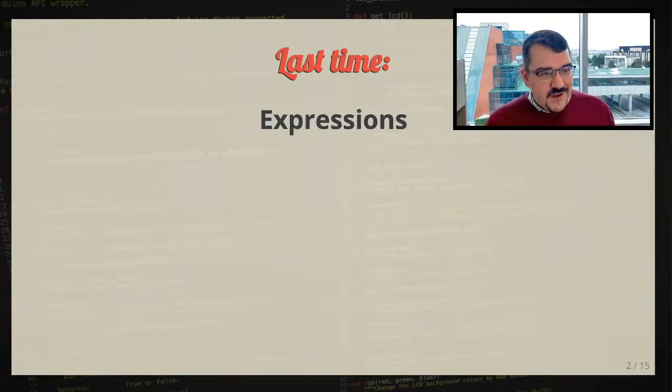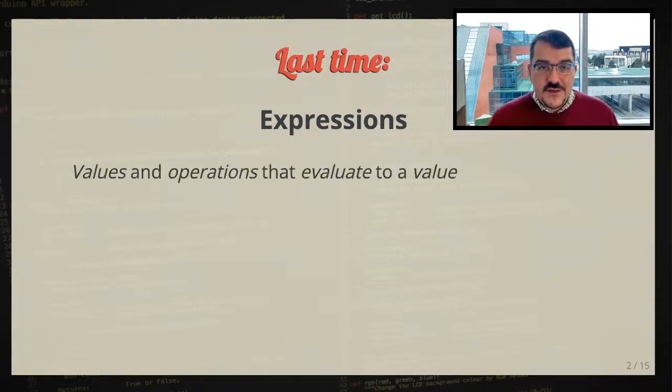Several people typing. That's good. Right, so an expression is something that evaluates to a value. That's right. So an expression is a collection of values and operations that evaluate to a value.